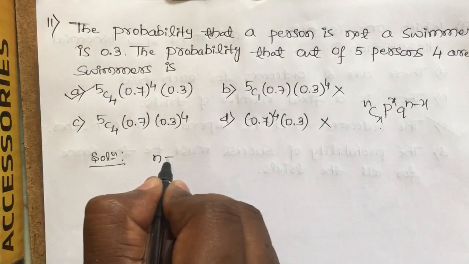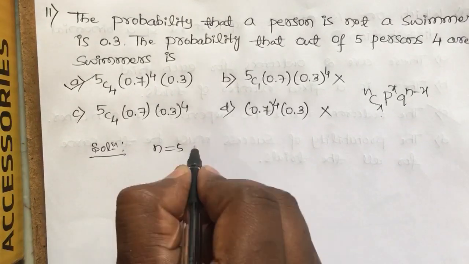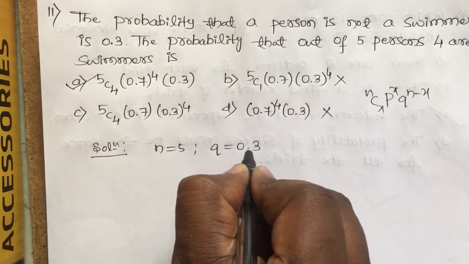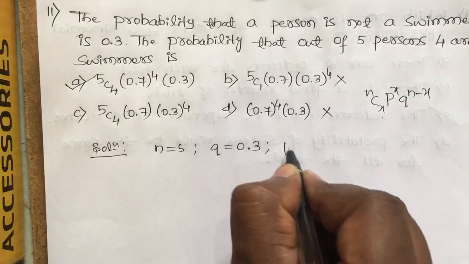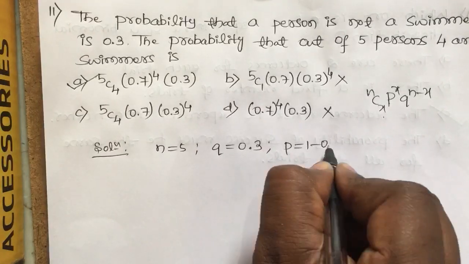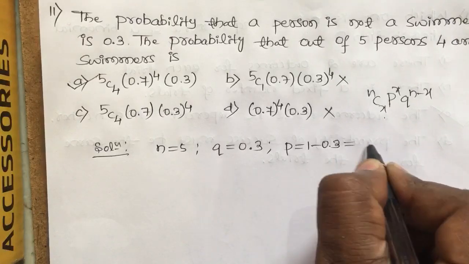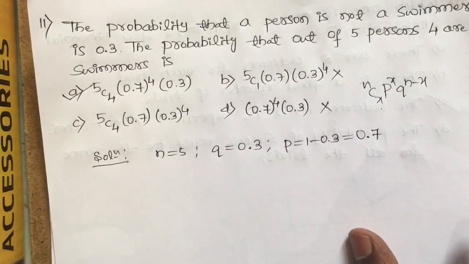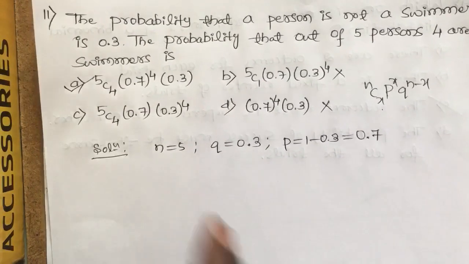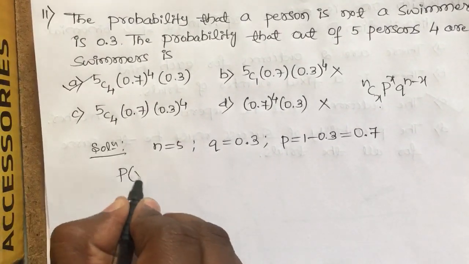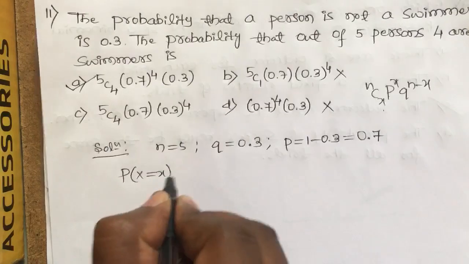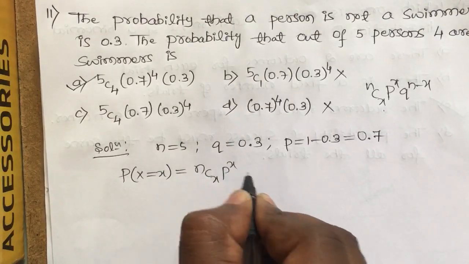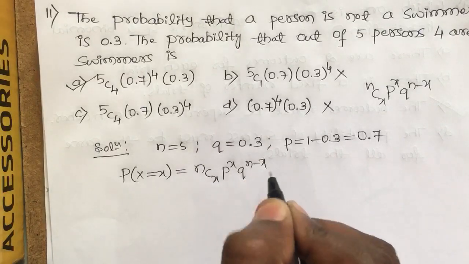So see here, n equal to 5 and q is equal to 0.3. This is the probability of failure. Then p is equal to 1 minus 0.3, which is equal to 0.7. So now I will go for P of X, which is equal to nCx, p raised to x, q raised to n minus x.